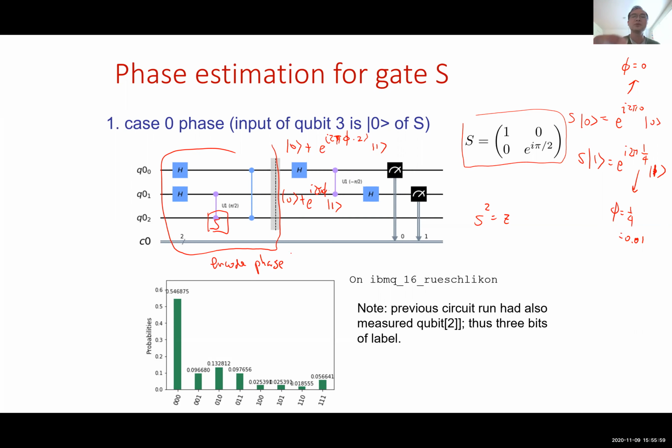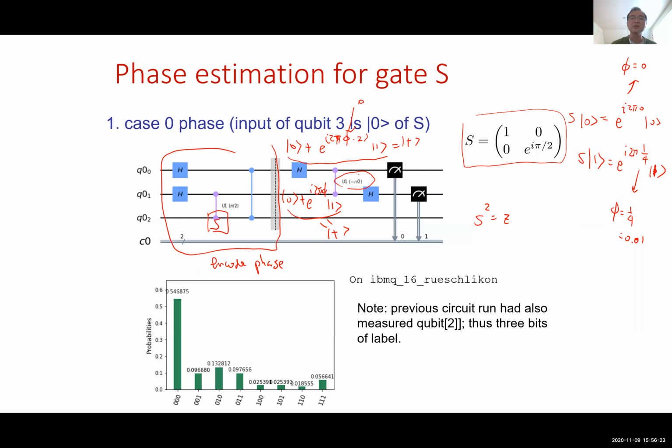So in this particular case, phi is 0, right? Phi here is 0, so this really is a plus. This is also really a plus. So here I'm doing the inverse of the R2.